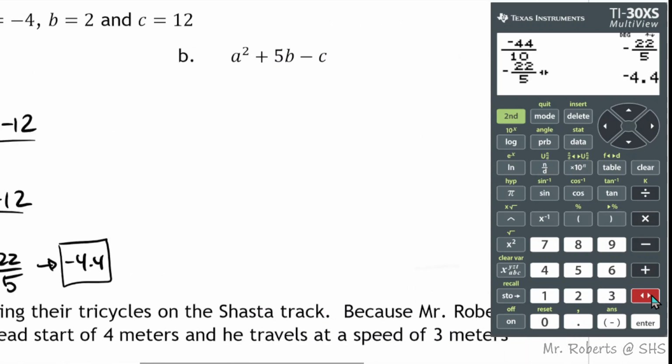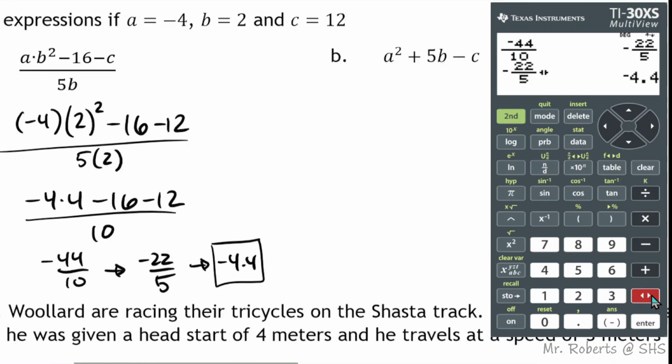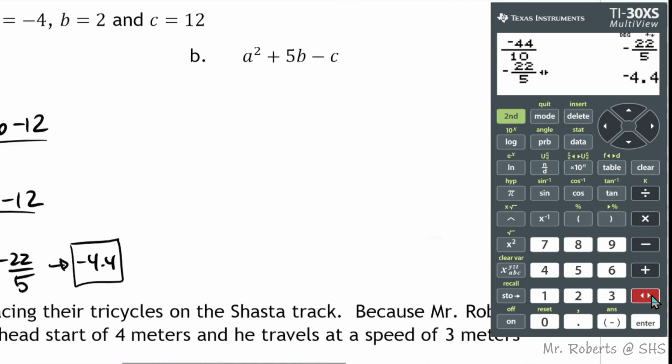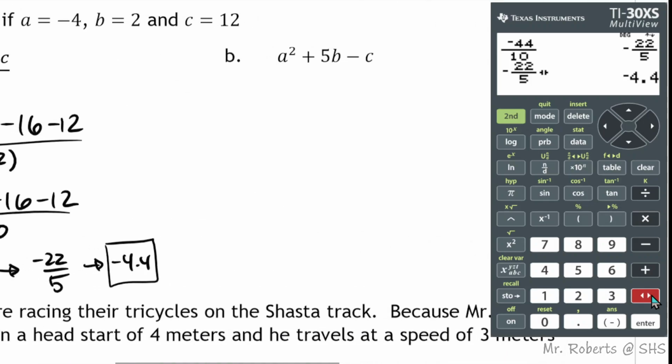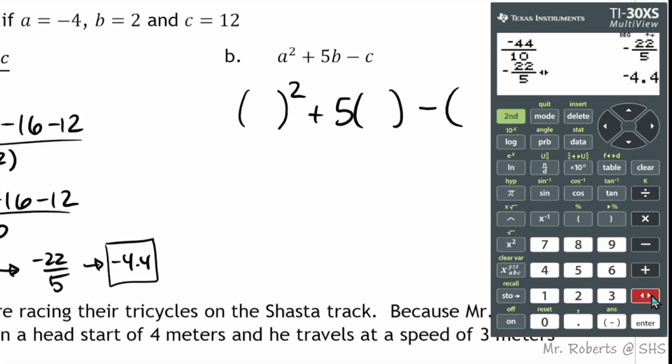Last problem we have on this group. This is question 6, part B. This was the one where we saw some errors, and it's the same thing about squaring this negative 4. So again, if I use parentheses, negative 4 is going to go in these parentheses, 2 is going to go in these parentheses, and then 12 is going to go in these parentheses.